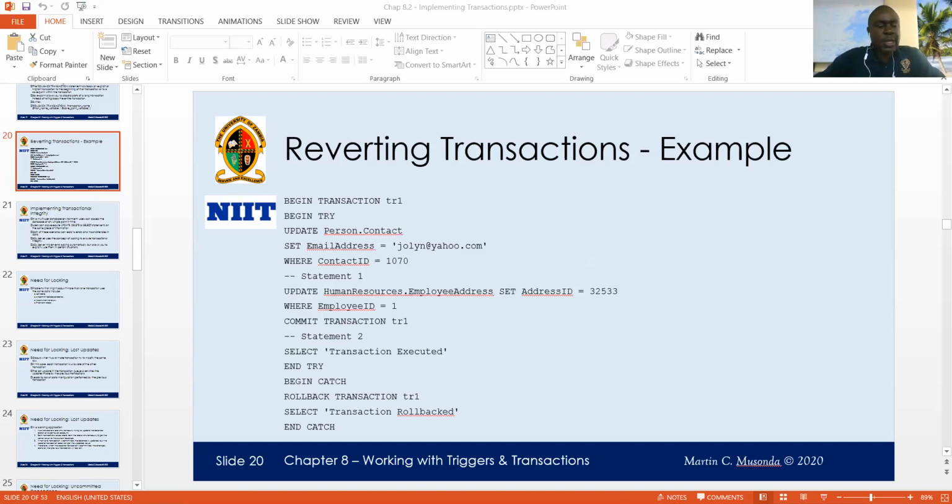When you set it on, then you are enabling SQL Server to be able to reverse the transaction if an error occurs. So I've used both in this example.